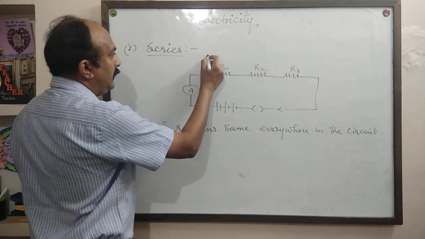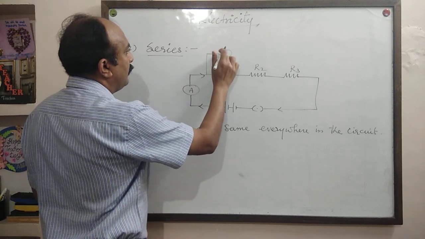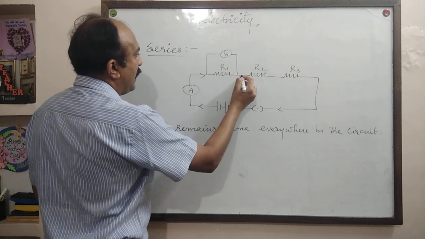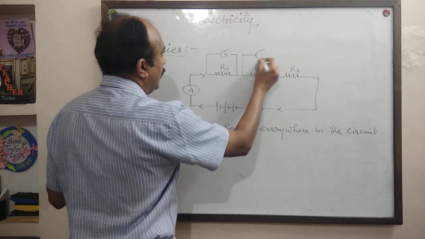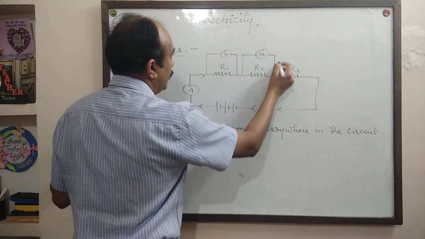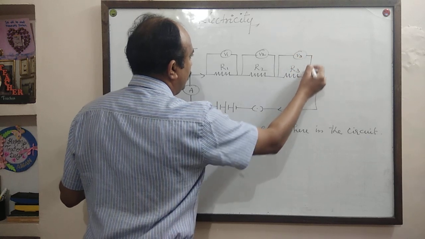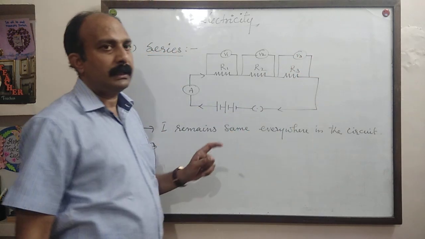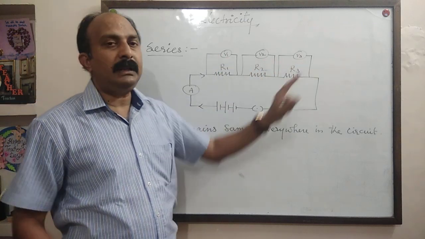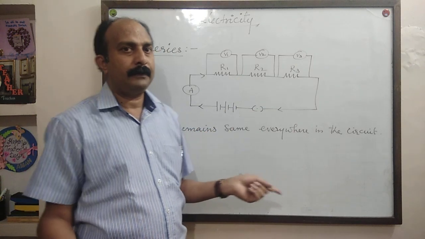So if you connect a voltmeter across R1, say I call it V1, and connect another voltmeter V2 across R2 and another voltmeter V3 across R3, the readings of V1, V2, V3 will be different if R1, R2, R3 are different.